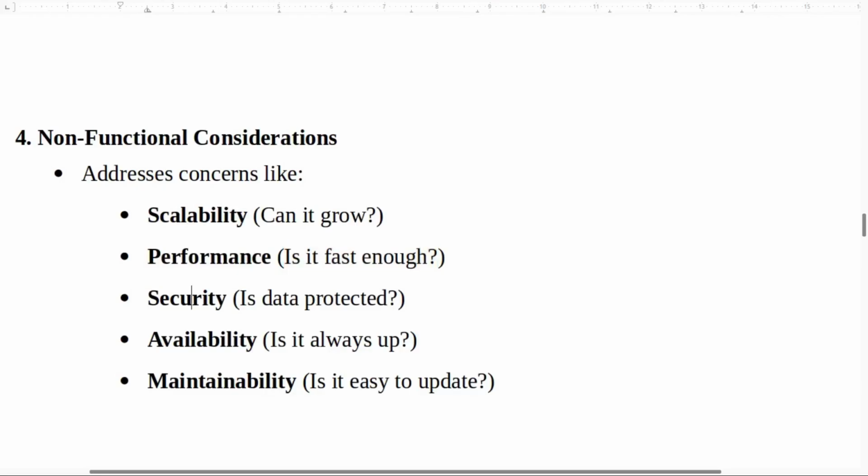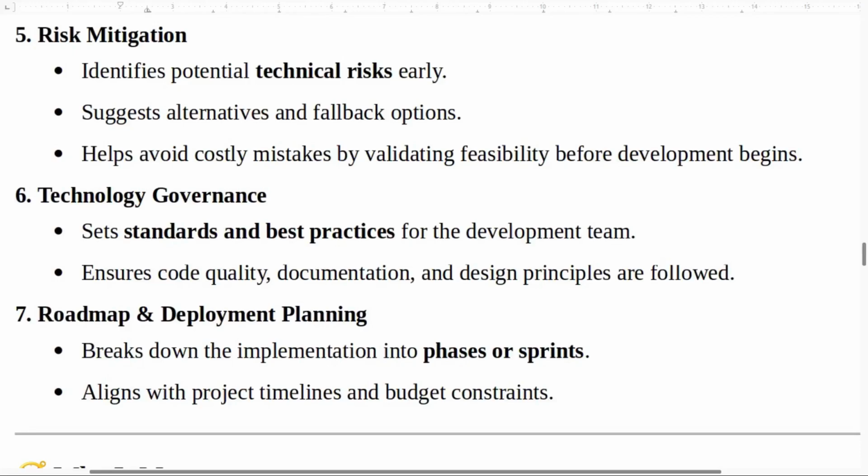And security, that is, is the data protected? Apart from these, availability refers to the ability of the system to stay up and running. Maintainability refers to the ease with which the system can be upgraded and kept in good health.